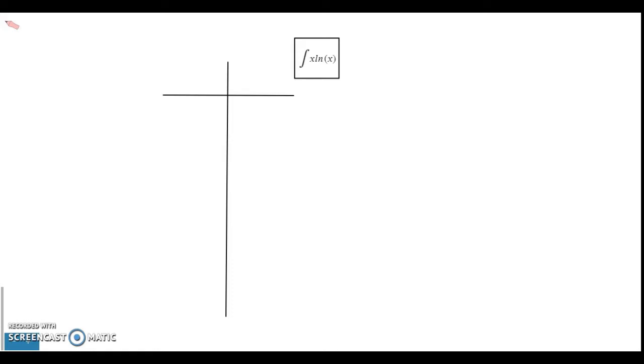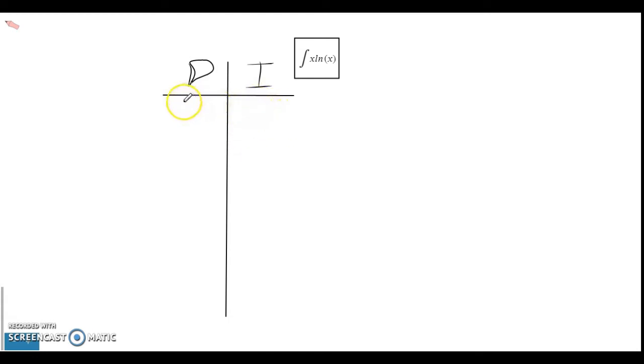Okay, so here we have our third example. And just like before, it's going to be pretty much the same process. So we're going to have D on the left side, I on the right side, and then we pick a function to go on the left side and a function to go on the right side. Now in this case, especially for me when I first started doing this method, I would try to put x on the D side and then put the natural log on the integration side.